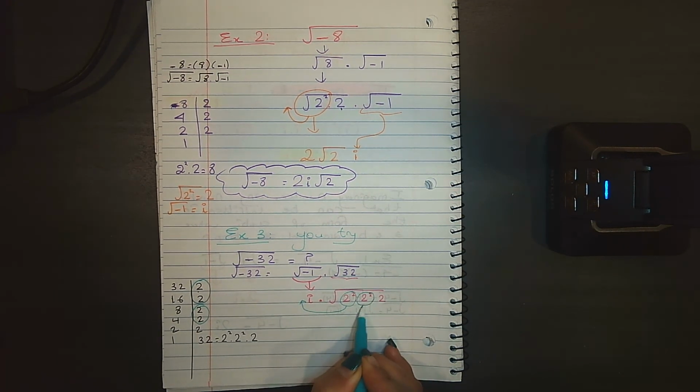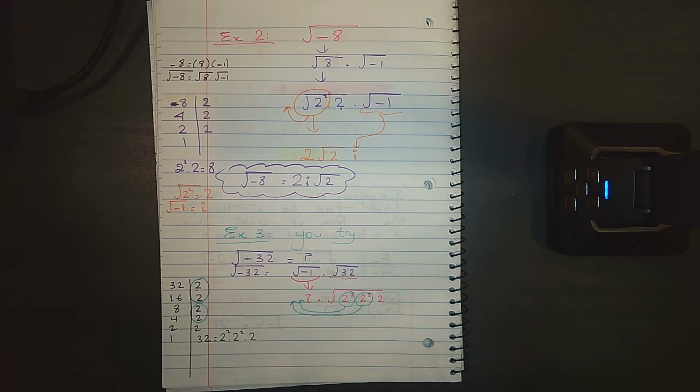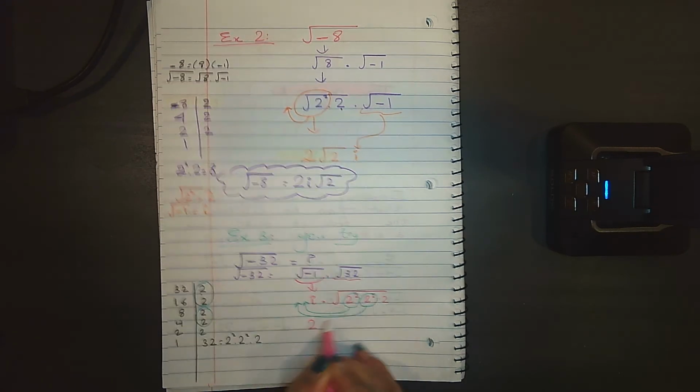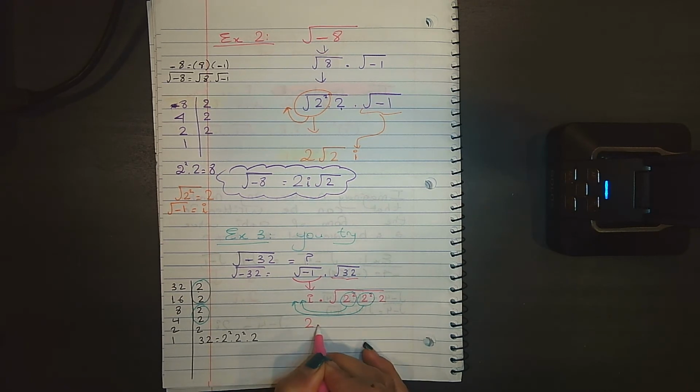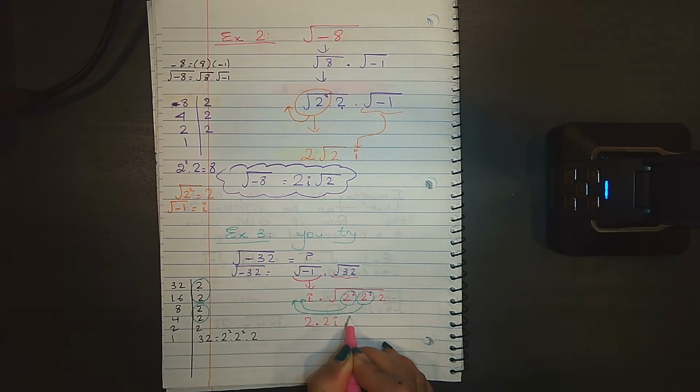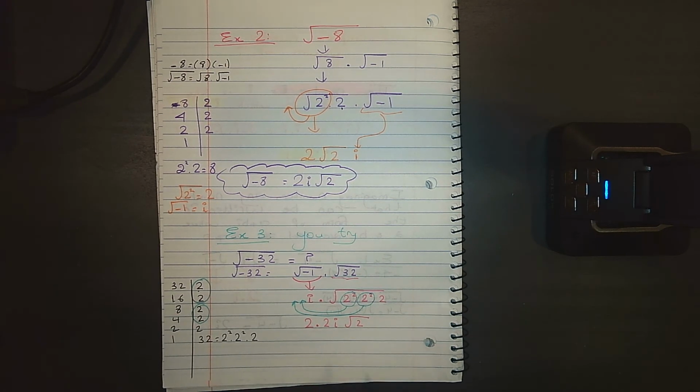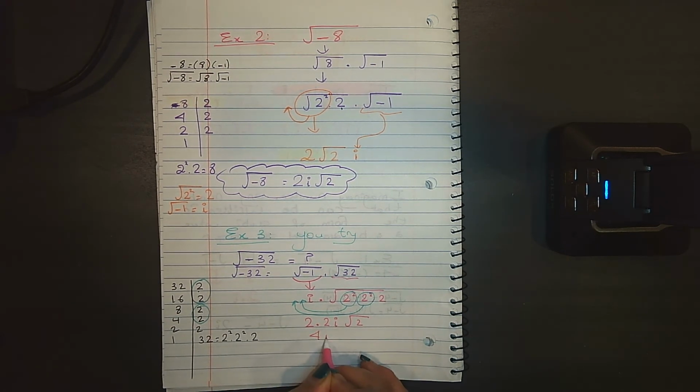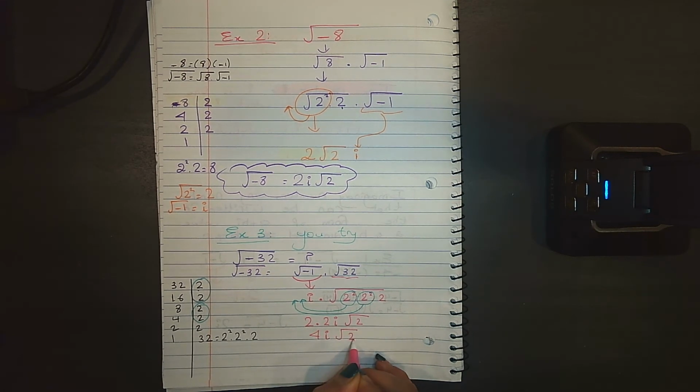This is going to go outside the radical. So I will have 2, and then that's a 2, and that's i square root of 2. 2 times 2 is 4, i square root of 2.